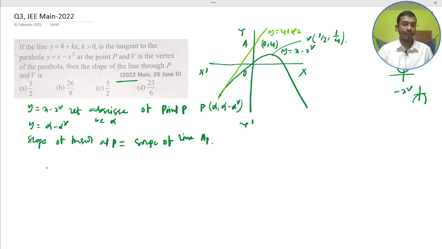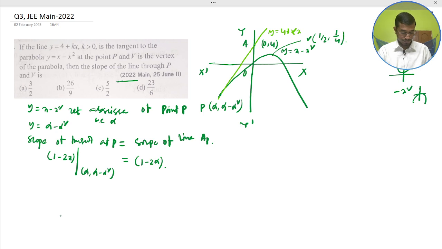So slope of tangent equals 1 minus 2x at this point (alpha, alpha minus alpha square), that is equal to 1 minus 2 alpha.